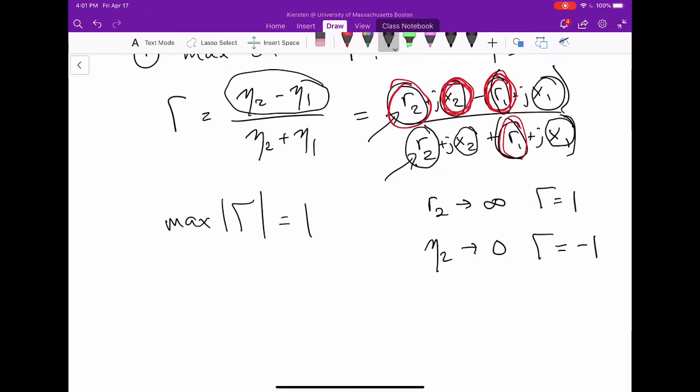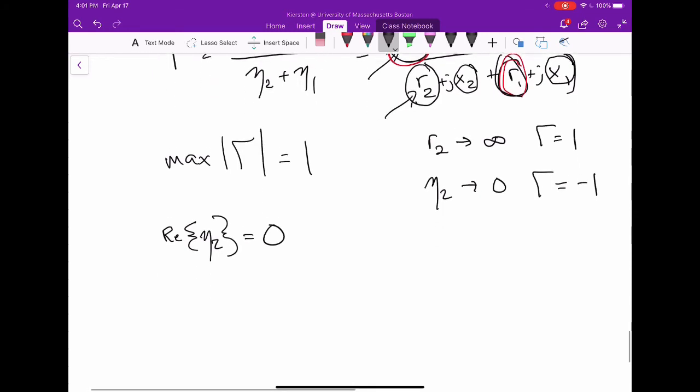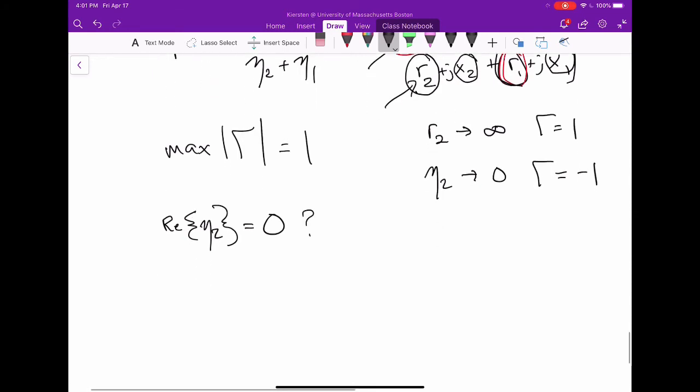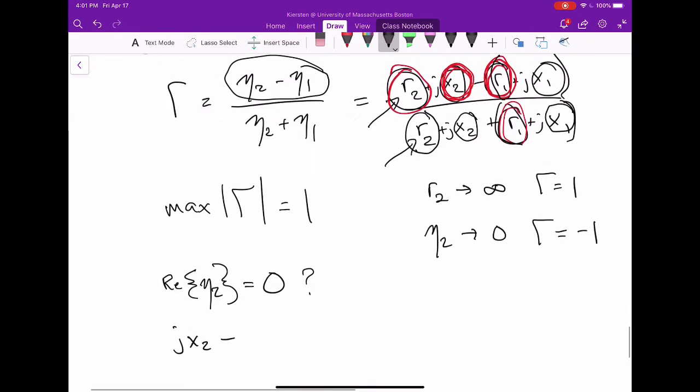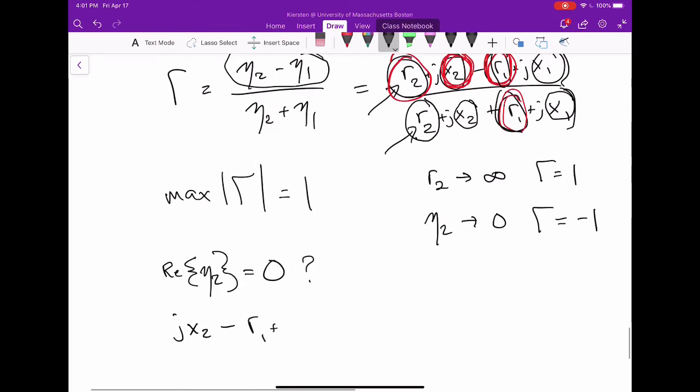If we allow eta 2 to be purely imaginary, if we let the real part of eta 2 be 0, then we have jx2 minus R1 plus jx1 divided by jx2 plus R1 plus jx1.